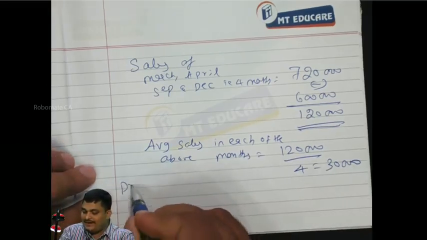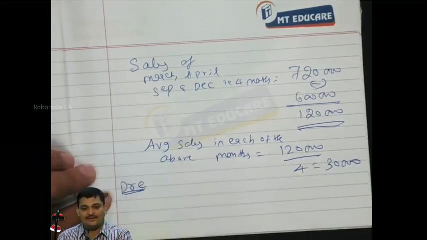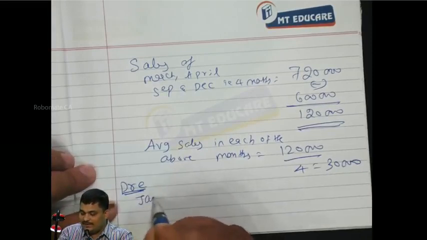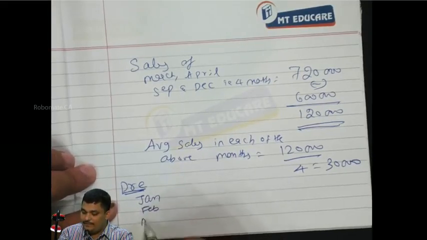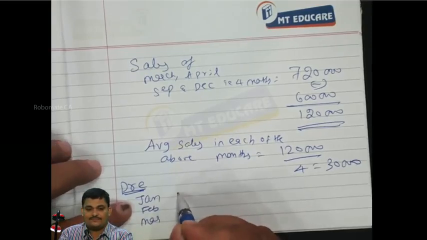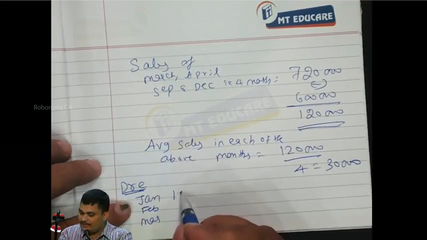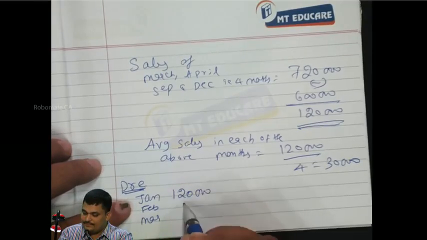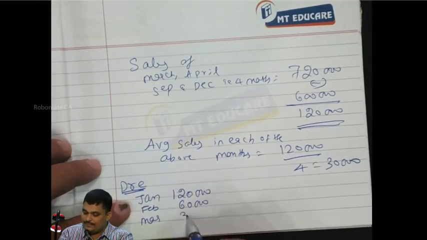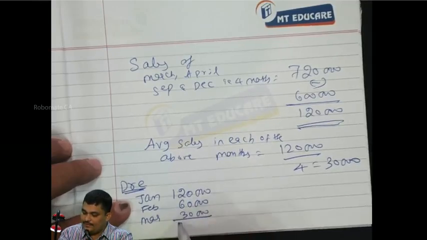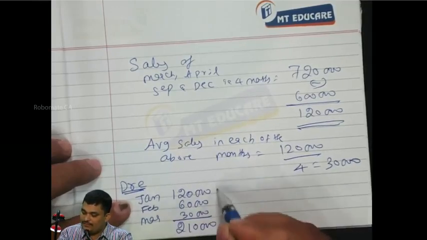Now pre-incorporation period, which all? Jan, Feb, March, 1 lakh. Sorry, 2,10,000.